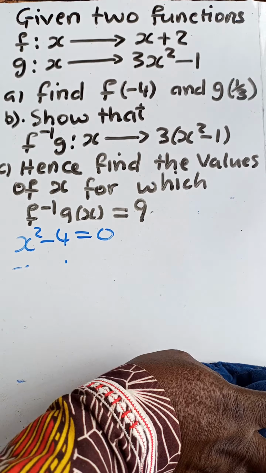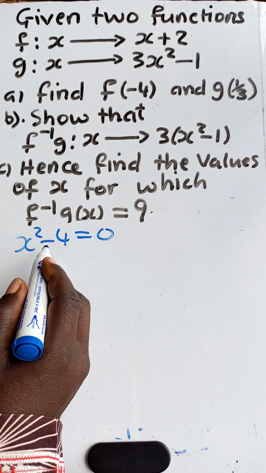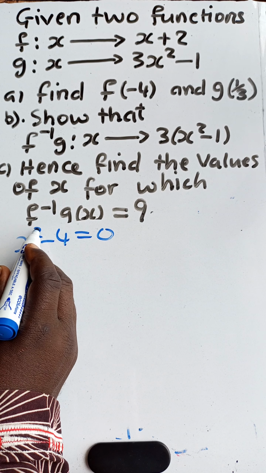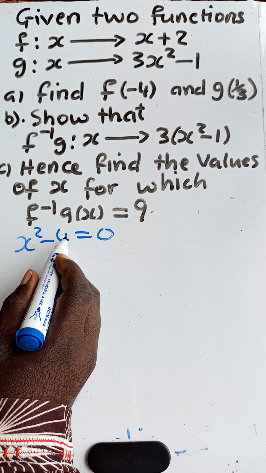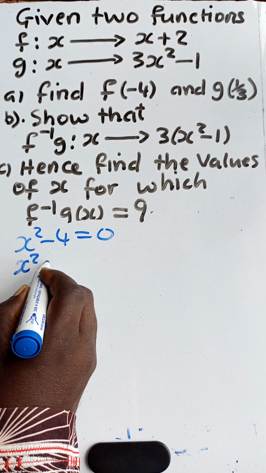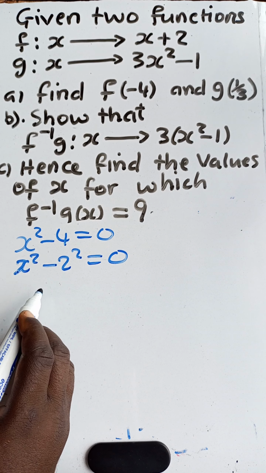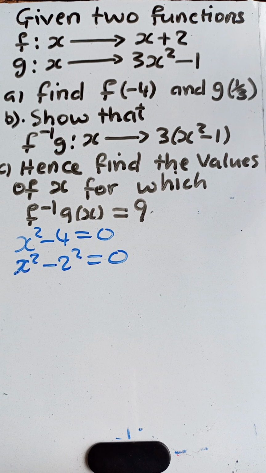Now, x squared minus 4 is the same as x squared minus 2 squared, equal to 0. So now we have a difference of squares.